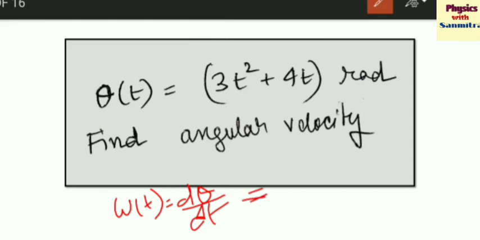What is d theta by dt? 3t square will become 6t, 4t will become 4. If you are finding difficulty in relating differentiation and integration, if you are a new class 11 student, then please go through our video for basic calculus for physics, that is in our mathematics and vectors playlist. So 6t plus 4 radian per second.